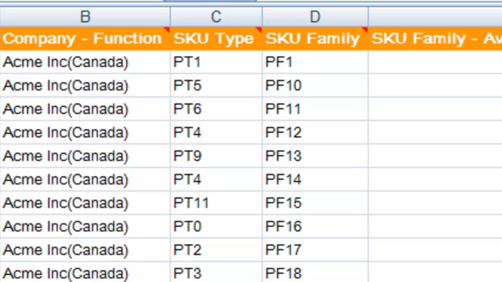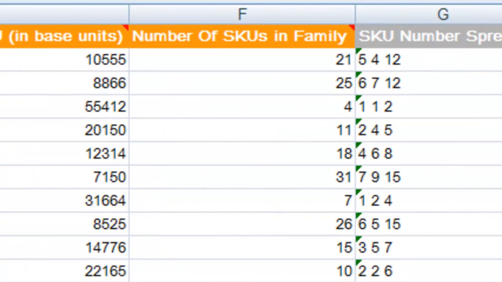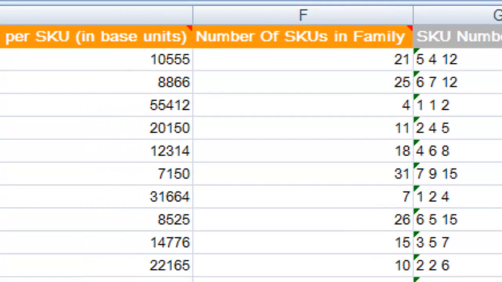SKU family represents a group of products derived from a common product platform. SKU families typically use similar production processes, have similar physical characteristics, and share distribution channels and pricing methods. The number of SKUs in family indicates the number of SKUs in the SKU family.